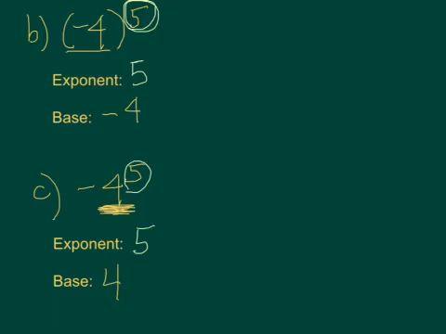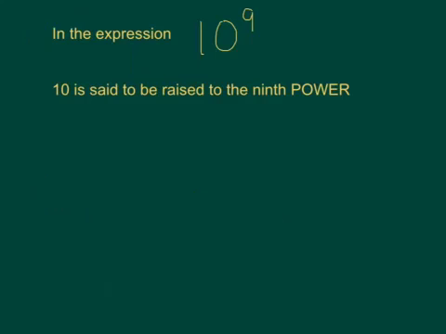Because really, this would be -1 times 4 to the 5th. In the expression 10 to the 9th, the proper way that we say that is 10 is said to be raised to the 9th power, or 10 to the 9th power.